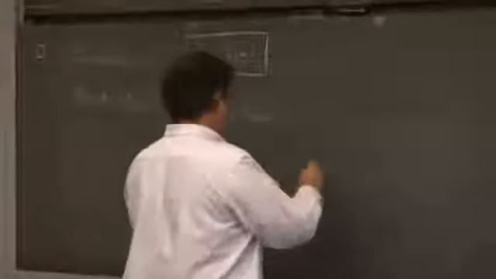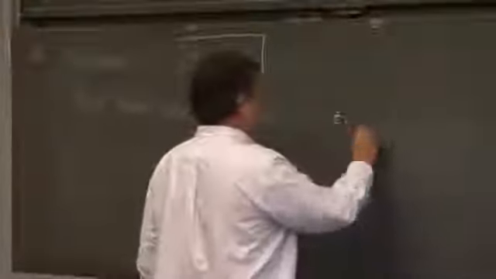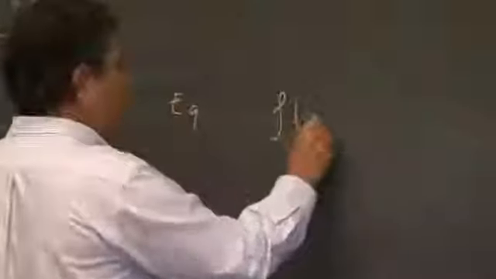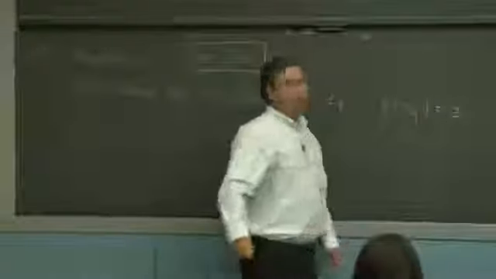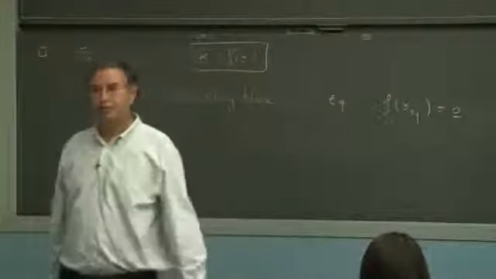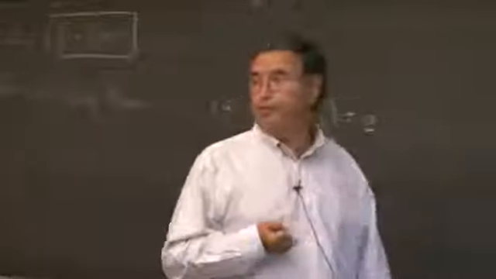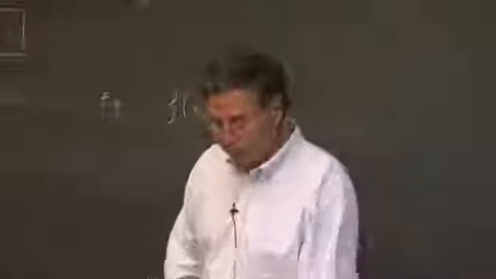All right? So an equilibrium point is going to be a point, let's call it x EQ, or whatever you want to call it, such that f of that state, f at that point, is 0. All right?